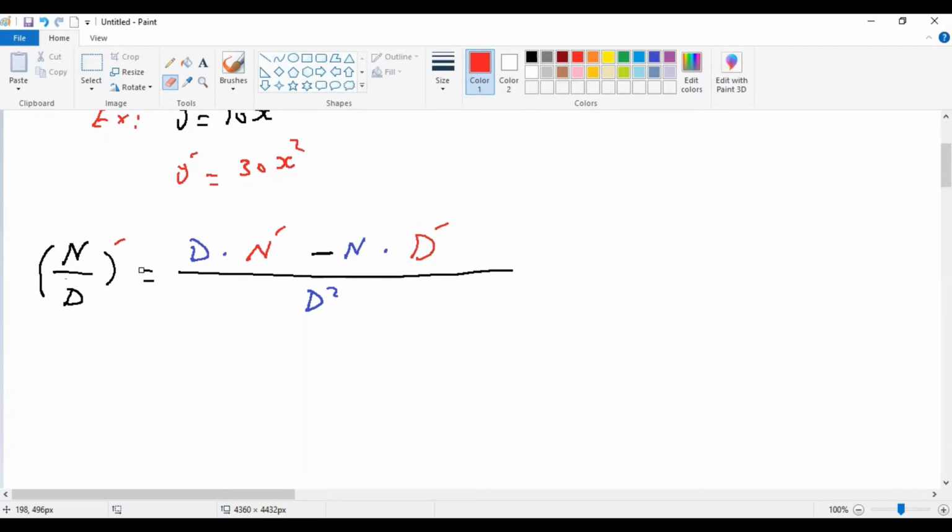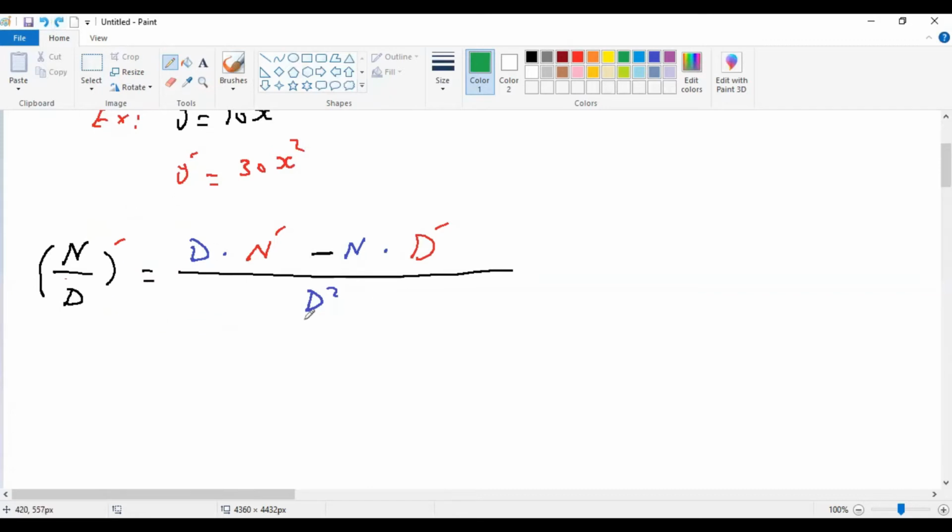Over D squared. So this is the rule. Again, students: D squared, then D multiplied by the derivative of the numerator, then minus the numerator times the derivative of the denominator.